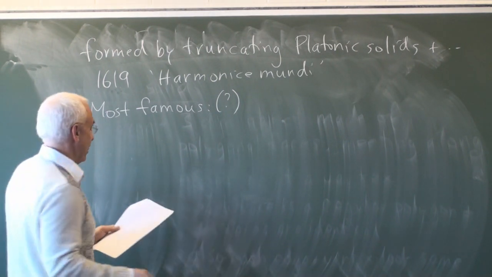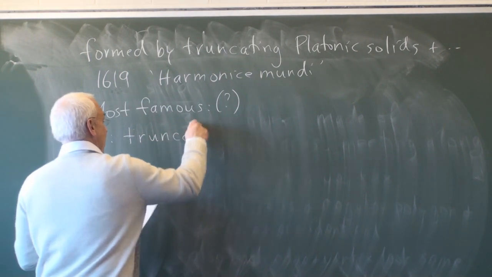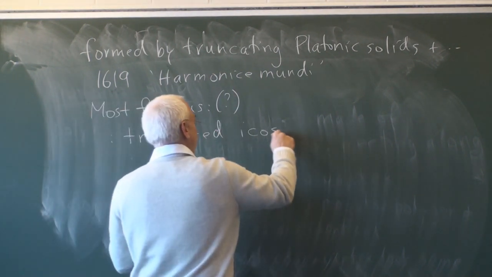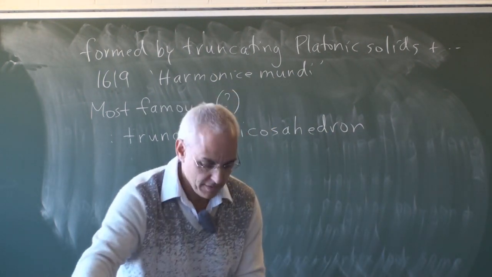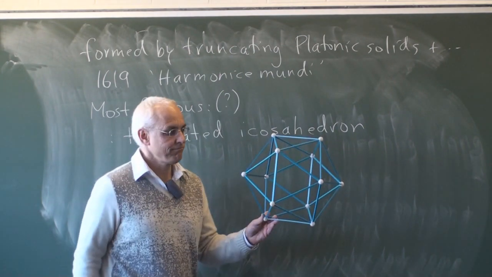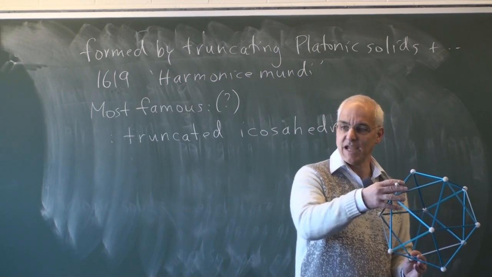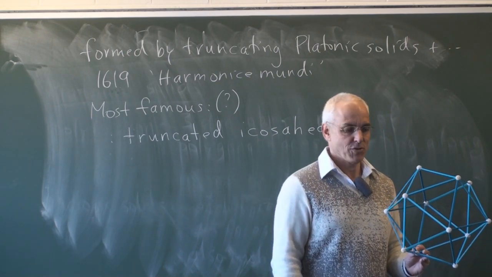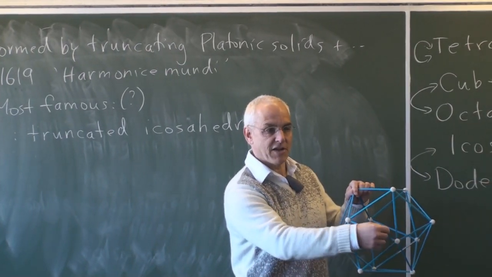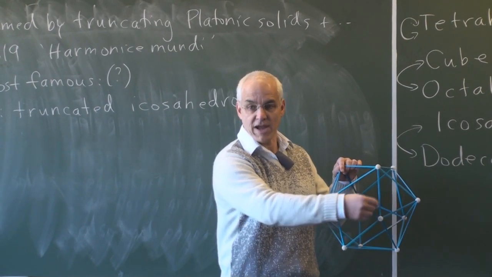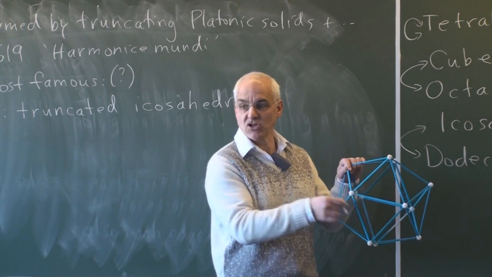And that's called a truncated icosahedron, where we take an icosahedron and we lop off a segment near each vertex. So what's going to happen there? Well, we do it in such a way that what's inside here, instead of being a triangle, is now going to be a regular hexagon. And since there are 5 edges coming to a vertex, when we chop that off, we're going to get a pentagon there.